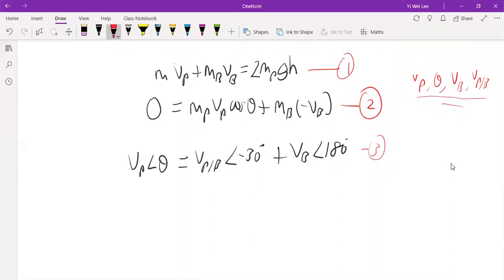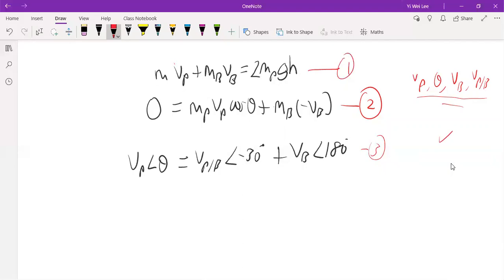If you have four unknowns, let's take a look at how many scalar equations you have. You have two scalar equations and one vector equation. Now, a vector equation is equal to two scalar equations. So in this case, I actually have four scalar equations here. When I have four scalar equations, it means that I can solve this equation. So let me repeat, I can actually solve this equation.